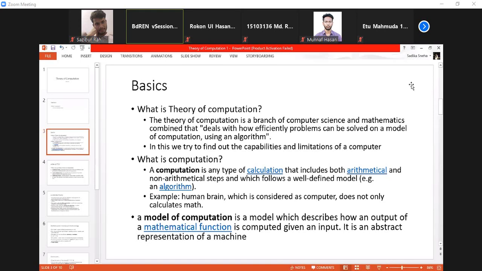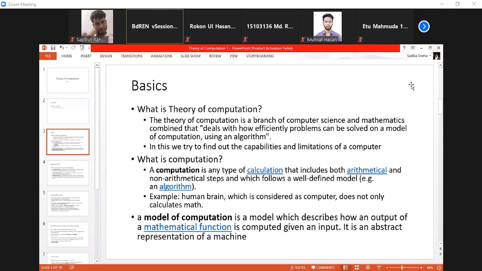So we have come far along from the arithmetic computers. Now they also perform non-arithmetic operations. So computation not only includes arithmetic operations but also non-arithmetic operations. We have given the example of the human brain.